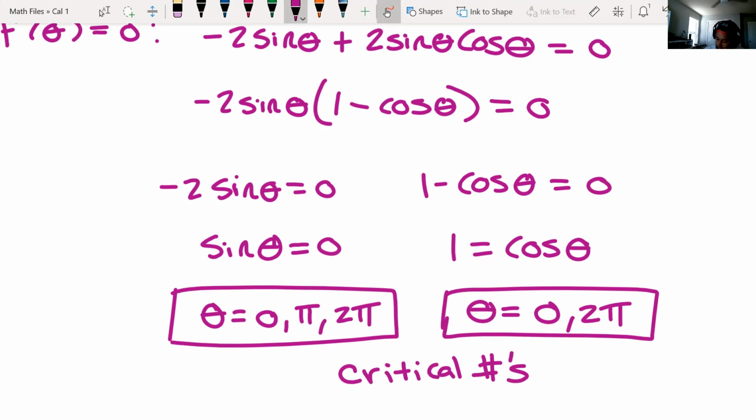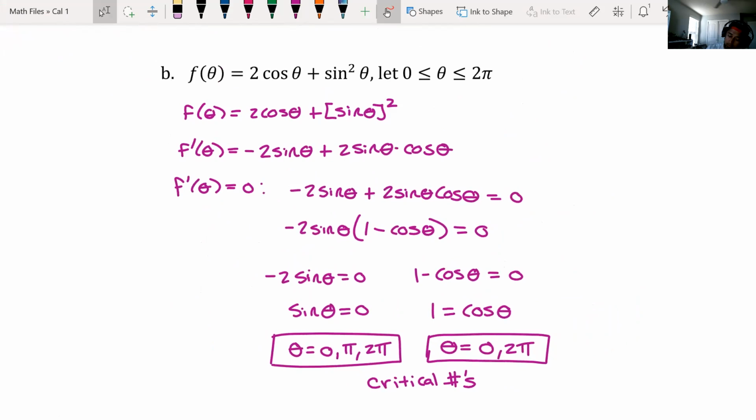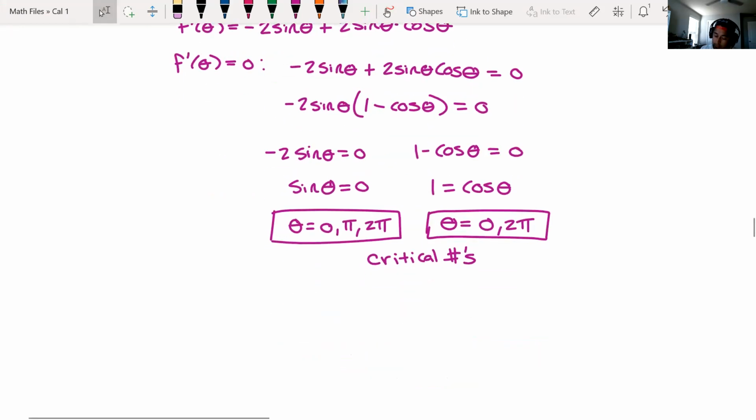But what if these restrictions weren't here? You would have to make a general formula solution to represent infinitely many answers. So how would you represent all of the radian values that make sine equal to 0? It looks like it happens at every what? Every pi.